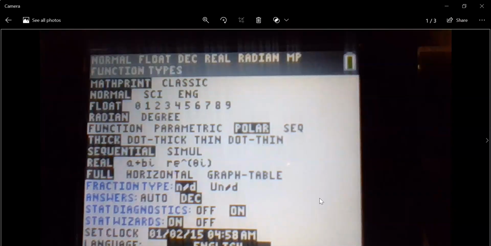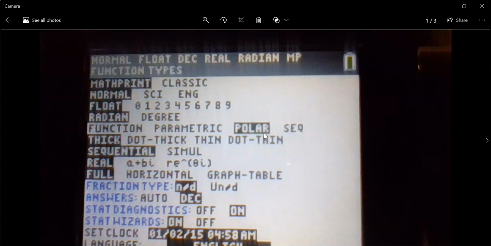we like to make sure we're in the correct mode. So hit the mode button on your calculator, go down to where we have function, parametric, polar, sequential, and make sure you're on the polar mode. Some calculator versions have POL and PARA for polar and parametric, but mine has the word polar.